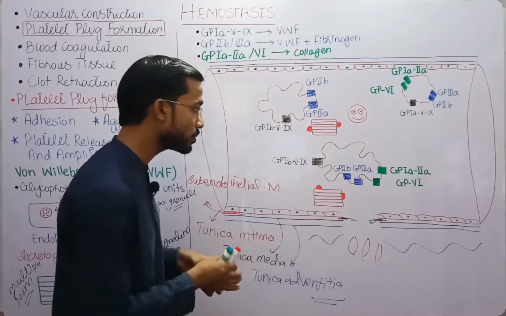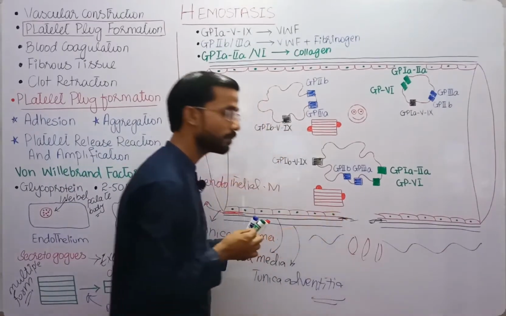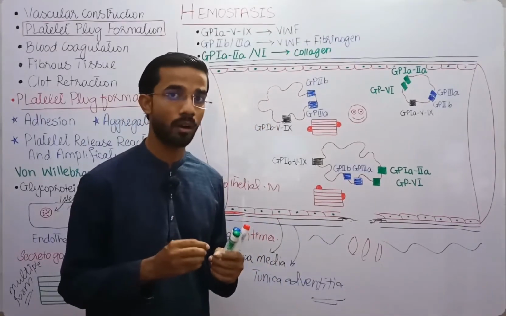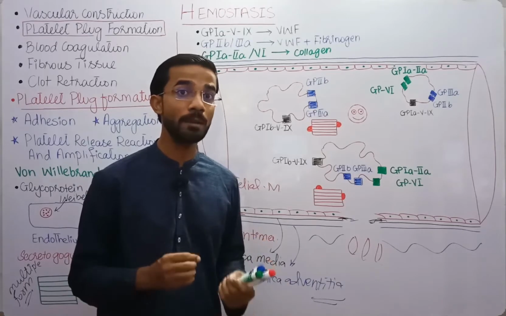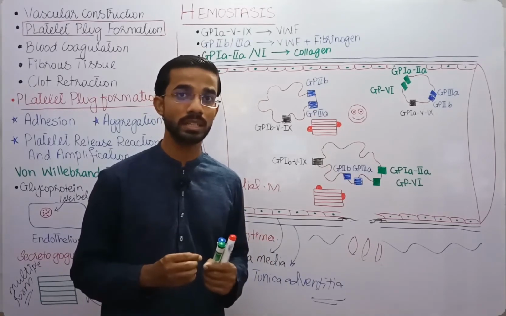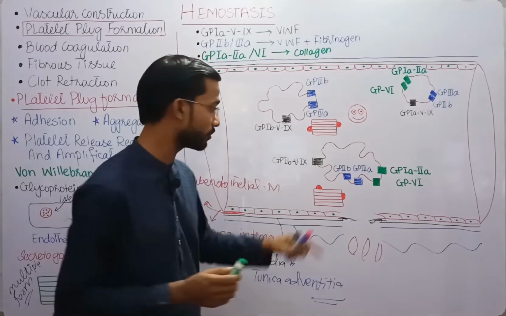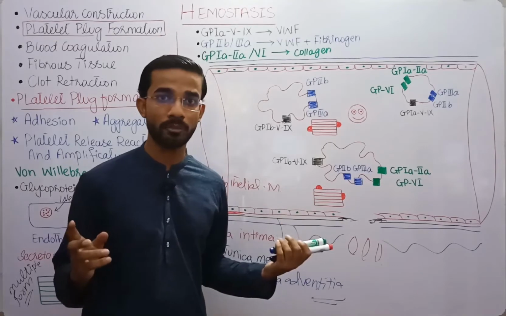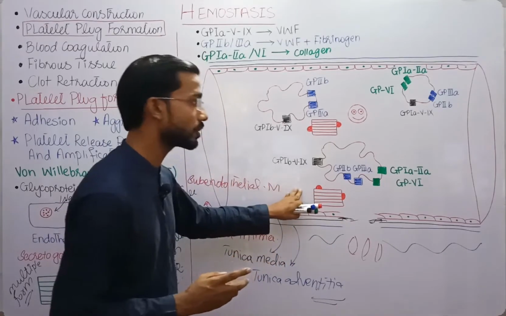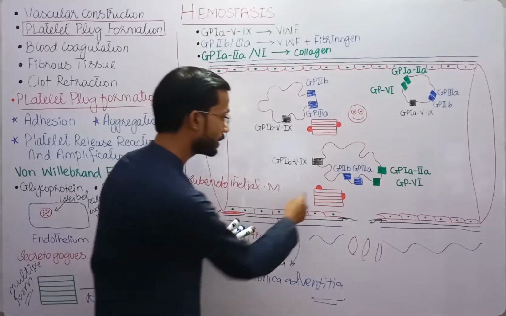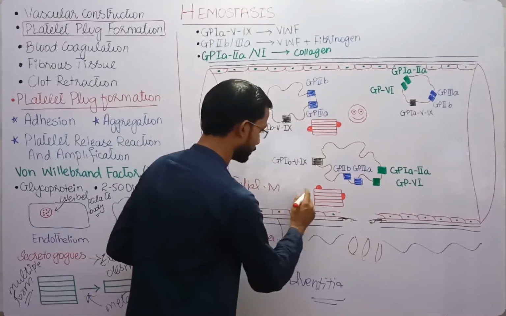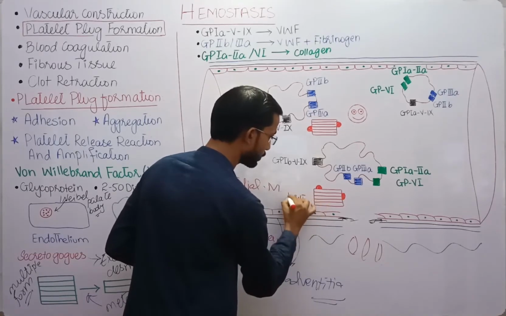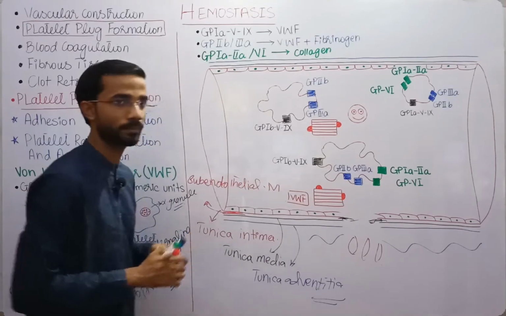As you know, this endothelium is also damaged, and in case of injury or stress situation, a lot of von Willebrand factor which is present in the Weibel-Palade bodies of the endothelium is released tremendously. A lot of von Willebrand factor is released, and its concentration in the blood will also increase. Like this is von Willebrand factor, right?